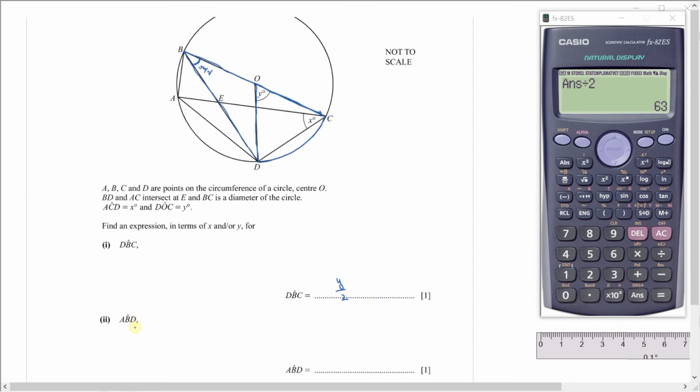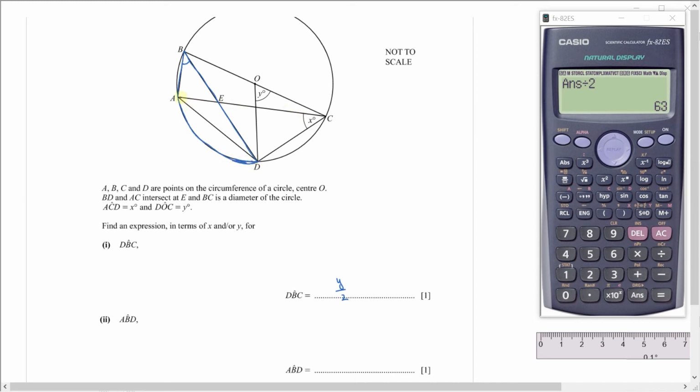The next angle we need to find is angle ABD. So let me just erase this. ABD is this angle here. So this is subtended by this arc here, which is AD.